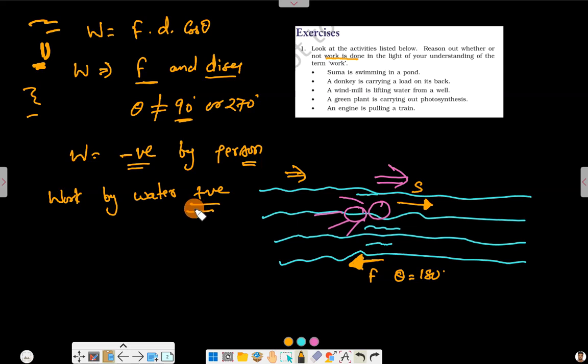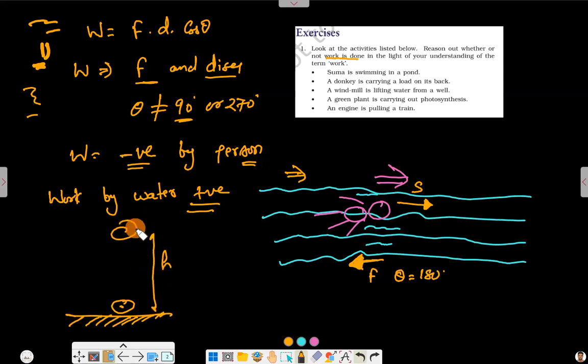Okay, so whenever there is work, it has a positive part and a negative part. Positive by one object, negative by another. I will give you another example. Suppose this is ground, and the object was initially at ground, now it is at height h.